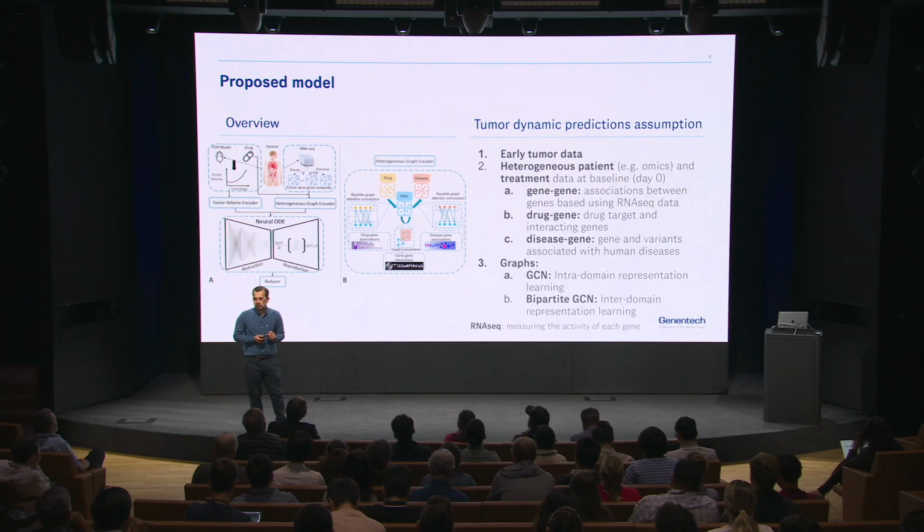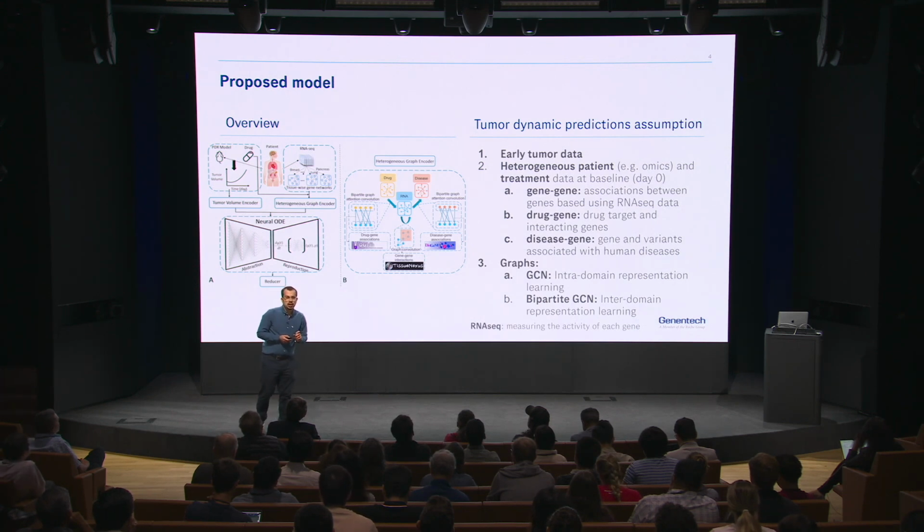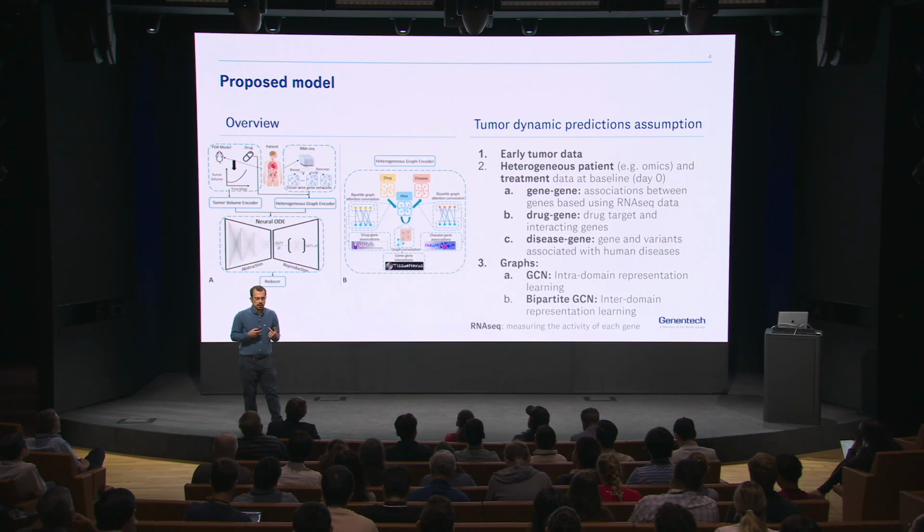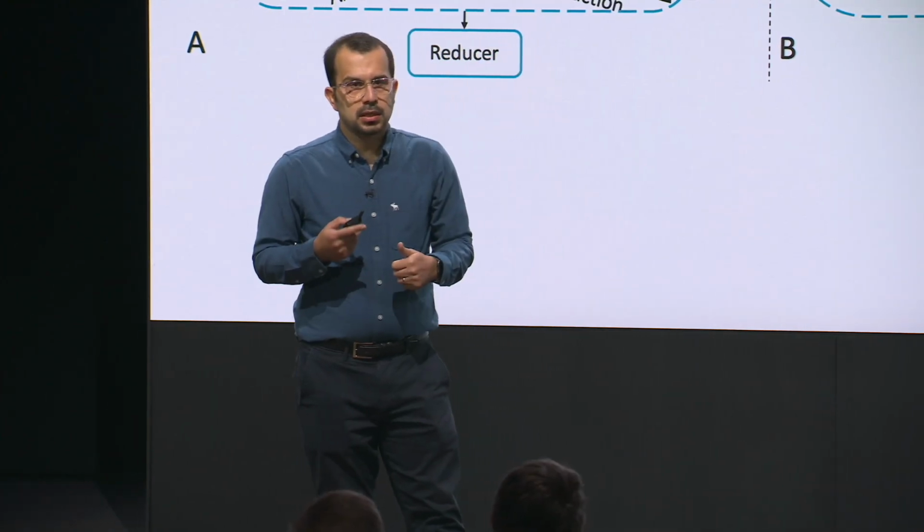GCN is mostly used for the genomics profile or RNA graph, RNA-seq. And the bipartite graph was used for getting the information between drug and gene, and also disease and gene. I'll go after that. I'll explain one by one.